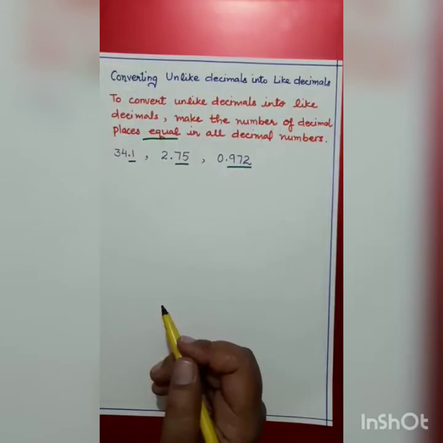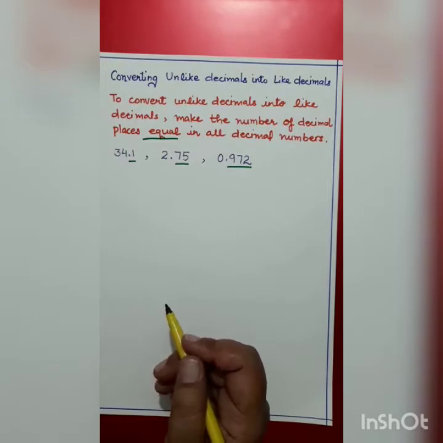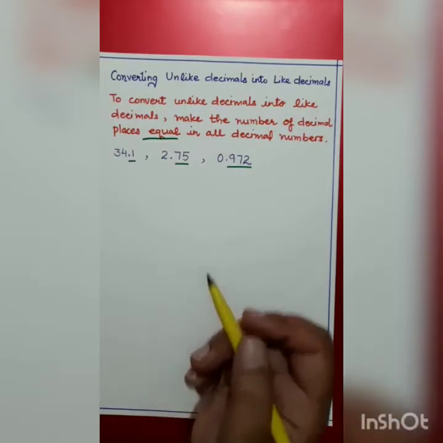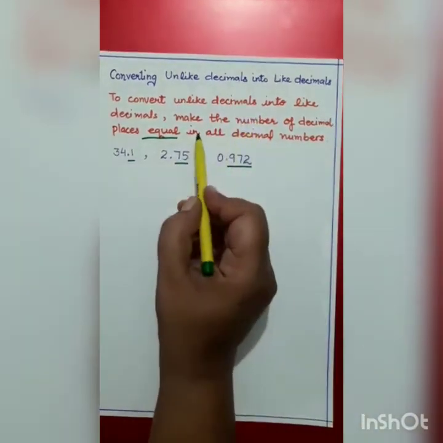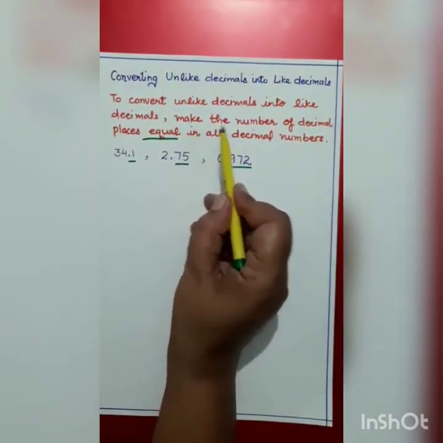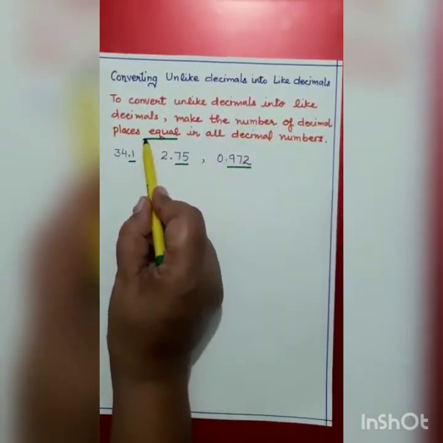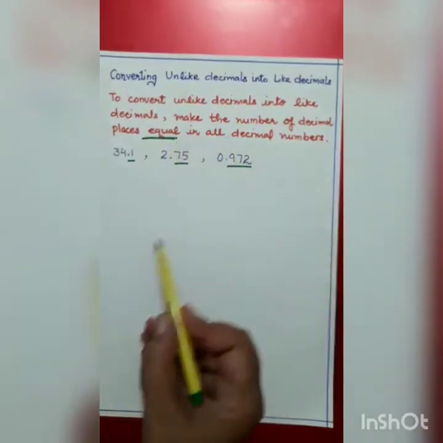Now we will learn how to convert unlike decimals into like decimals. It is really very easy. To convert them into like decimals, we can make the number of decimal places equal in all the decimal numbers.